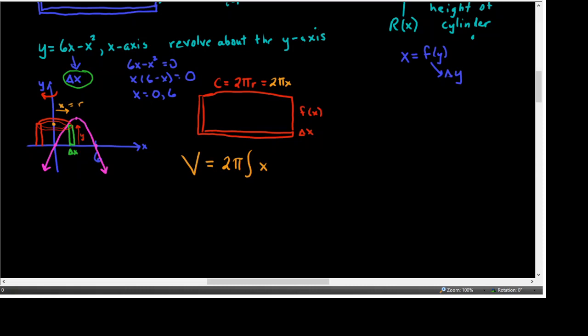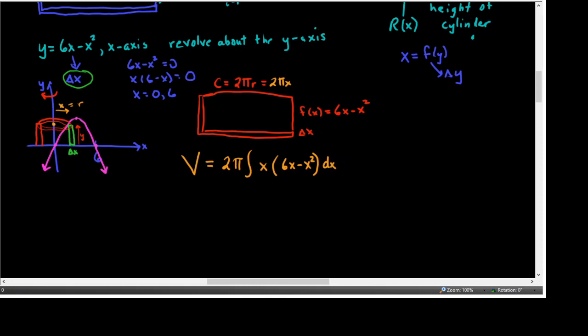There's my length times my width, which is the function 6x minus x squared. And I could have written that up here as well. Probably would have been a bit clearer that that's what I'm using. So I've got length 2 pi x times width 6x minus x squared times height, and the height, of course, of the prism is delta x, and that becomes dx in the integral.